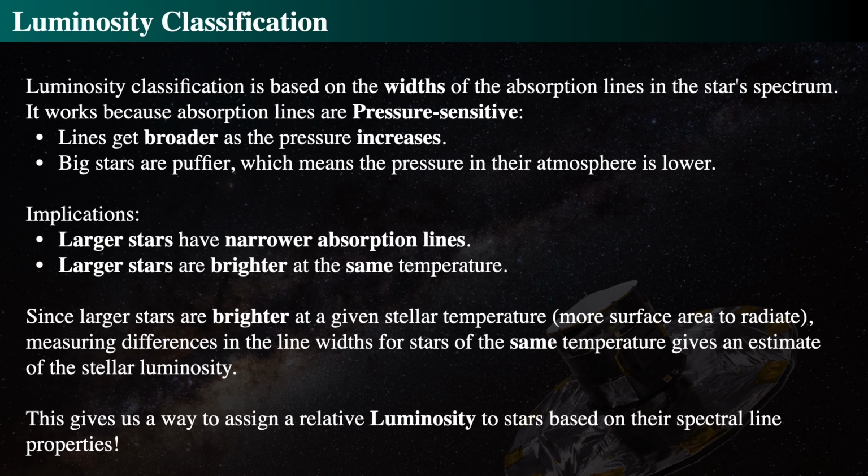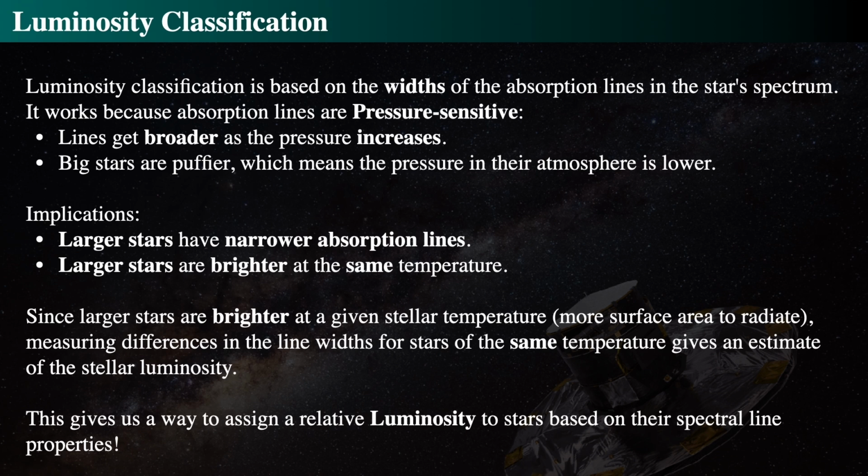Why? The lines get broader because under greater pressure, the atoms and molecules in the atmosphere of the star are moving faster. If they're moving faster, there's a Doppler effect, and then they can absorb or emit wavelengths of light that are just off of their normal wavelengths, right?